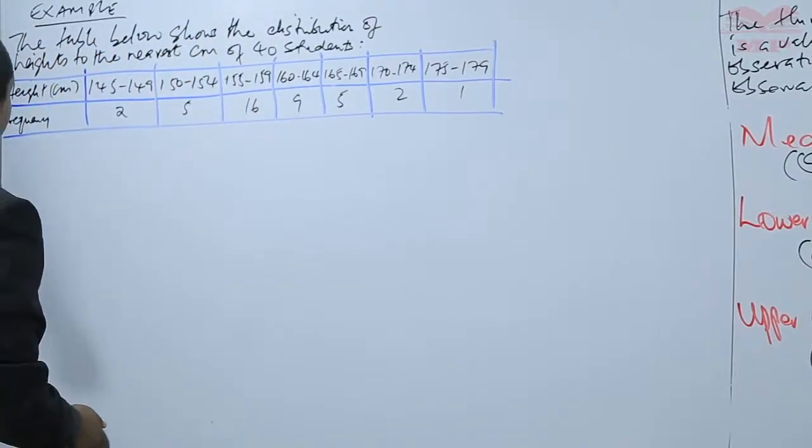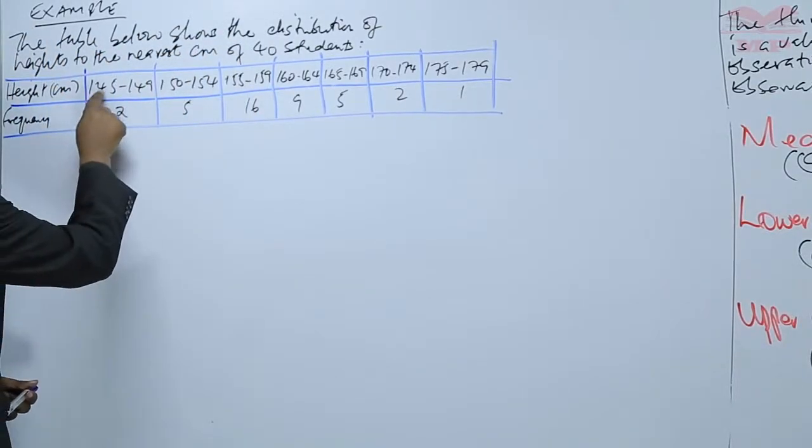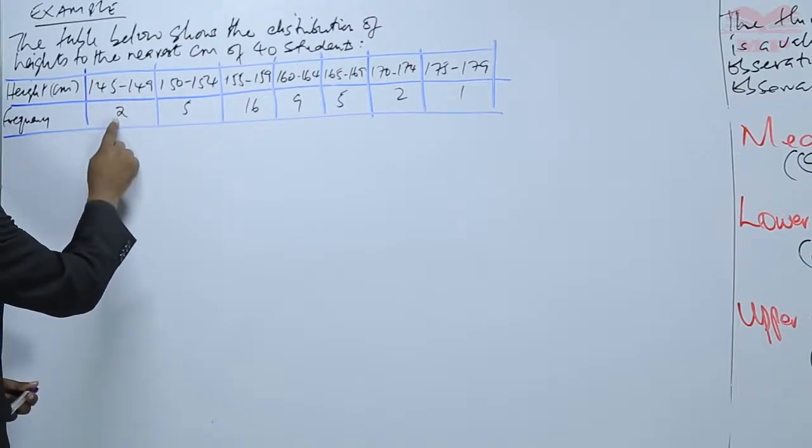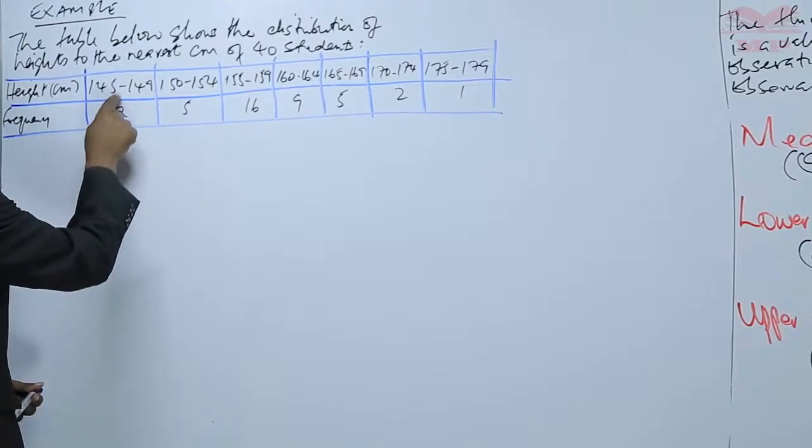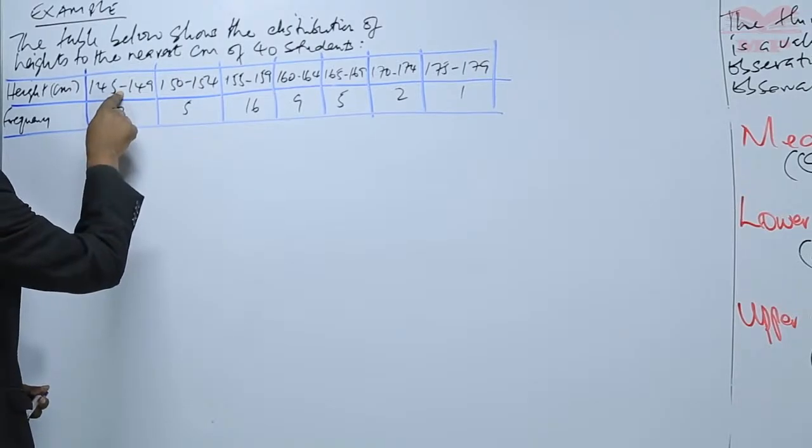That means that between 145 to 149 centimeters, there are two students whose height falls within that group.